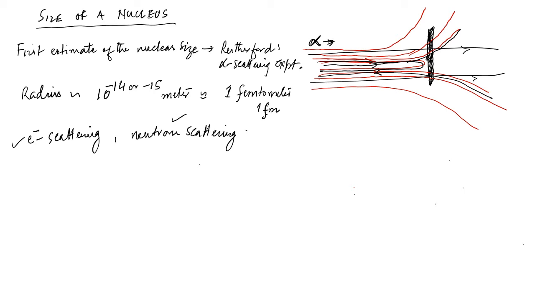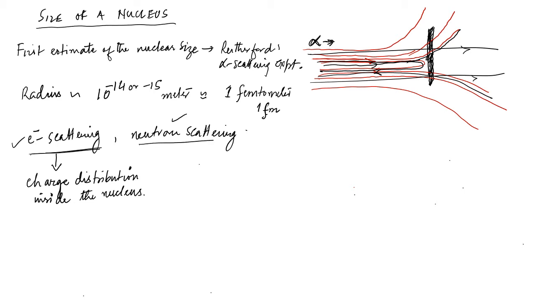If we concentrate on the electron scattering experiment, we get information on the charge distribution inside the nucleus, and through the neutron scattering experiment, what we get is the nuclear matter distribution.